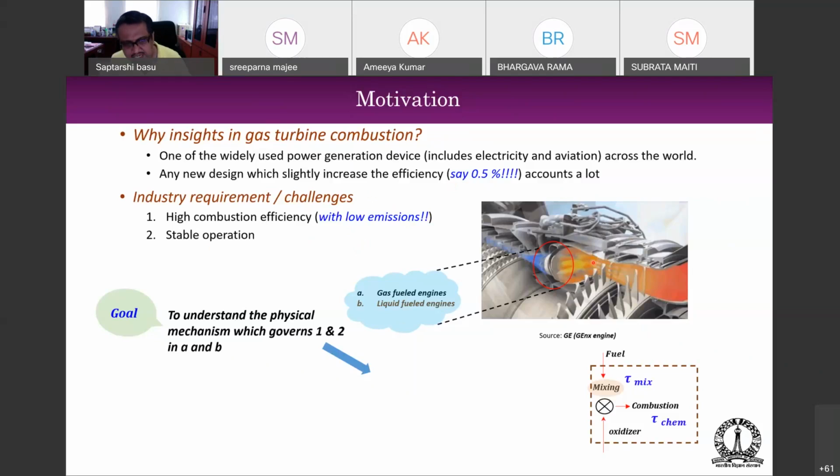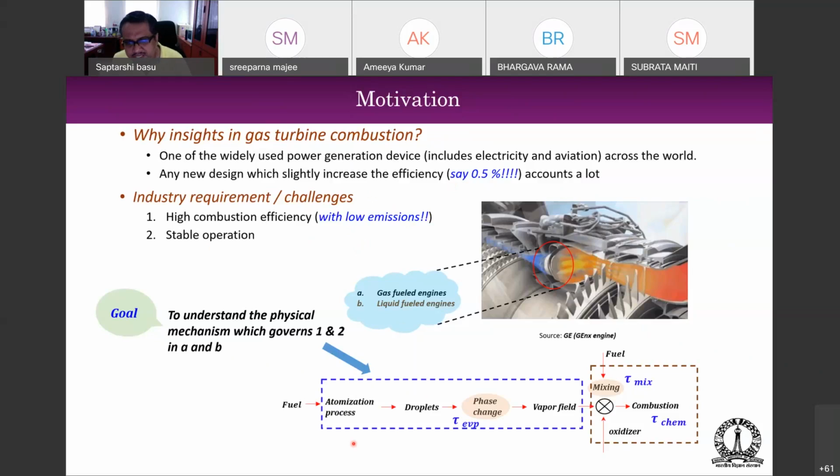Now to understand, if you look at the processes in a very simple way, you inject fuel, say if it is a liquid fuel, it undergoes a process called atomization, in which the fuel is broken up into small droplets. These droplets should undergo a phase change. That means they should evaporate and form a vapor field.